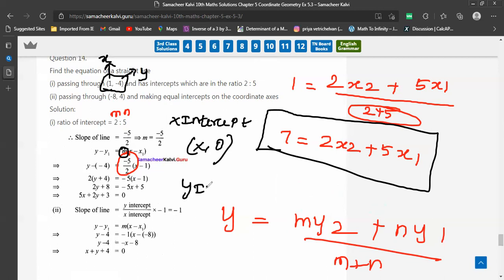And for the y-intercept, you can assume your coordinates as 0 comma y. Okay. So x comma 0 can be substituted as x1 and x2 in this.